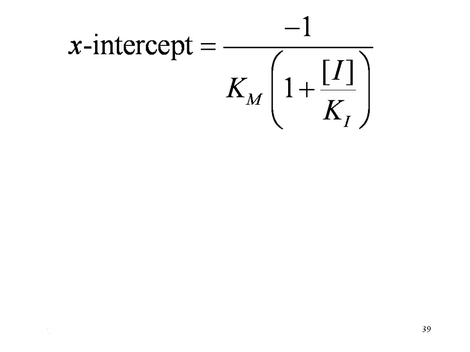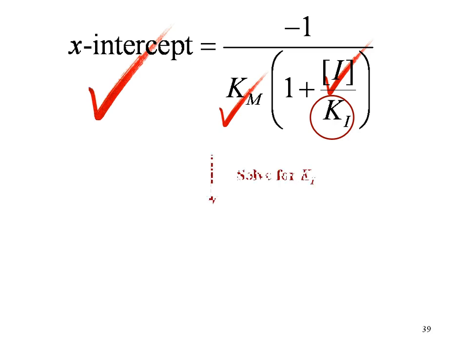And the x-intercept in the case with inhibitor, as you know, is -1 over the apparent Km. So that's the x-intercept, you know it because you can read it from the plot. The Km, you know it because you have got it from the plot of the blue line, the one without the inhibitor. The inhibitor concentration, you know it because you have put it in with your own hands. So the only unknown is Ki.